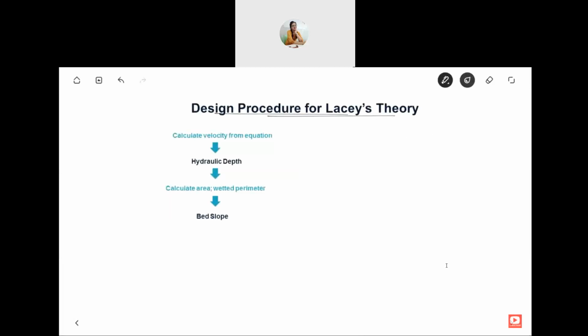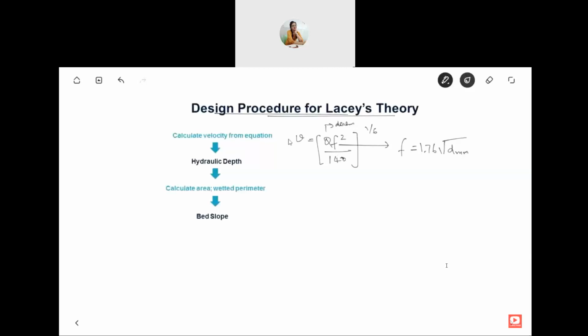He provided an equation first for velocity: velocity equal to (Qf squared by 140) to the whole power 1 by 6, where Q is your discharge and f, you saw, is the silt factor, which is equal to 1.76 root of average size diameter in mm.